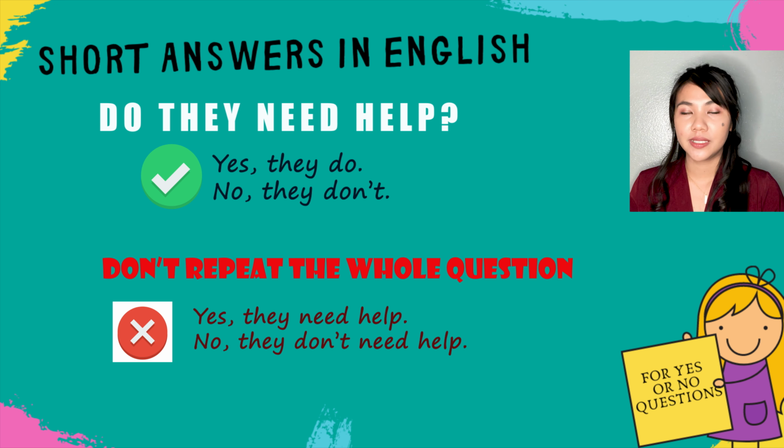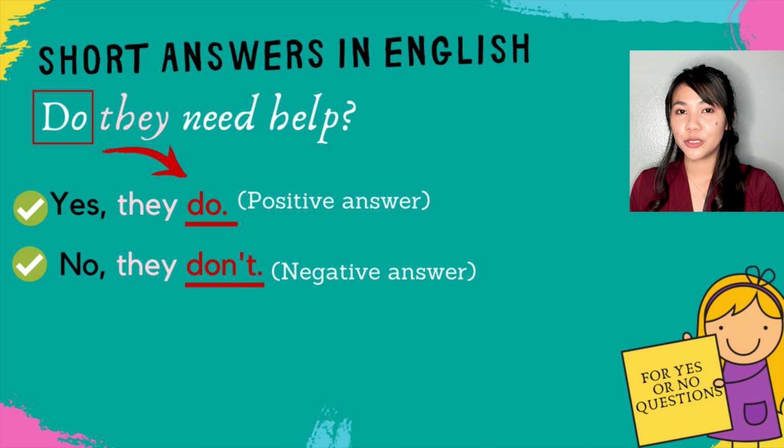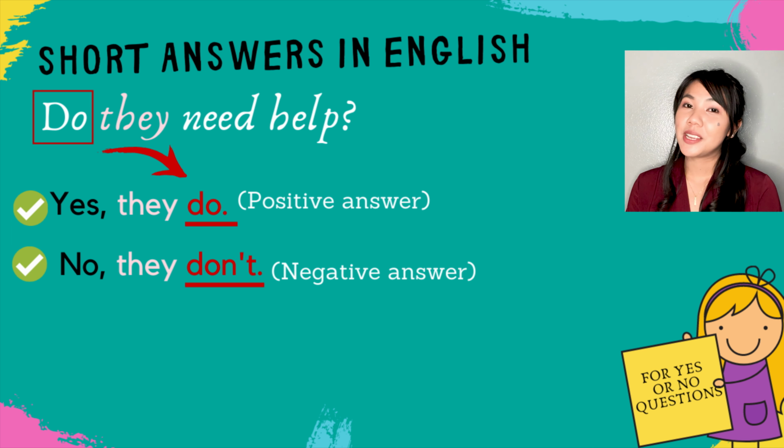So how do you shorten your answer? It's easy. If the question starts with do, like, do they need help? Then your answer will include some form of do or don't, depending if your answer is a positive, yes they do, or a negative one, no they don't. So take note that we're using yes or no questions here.